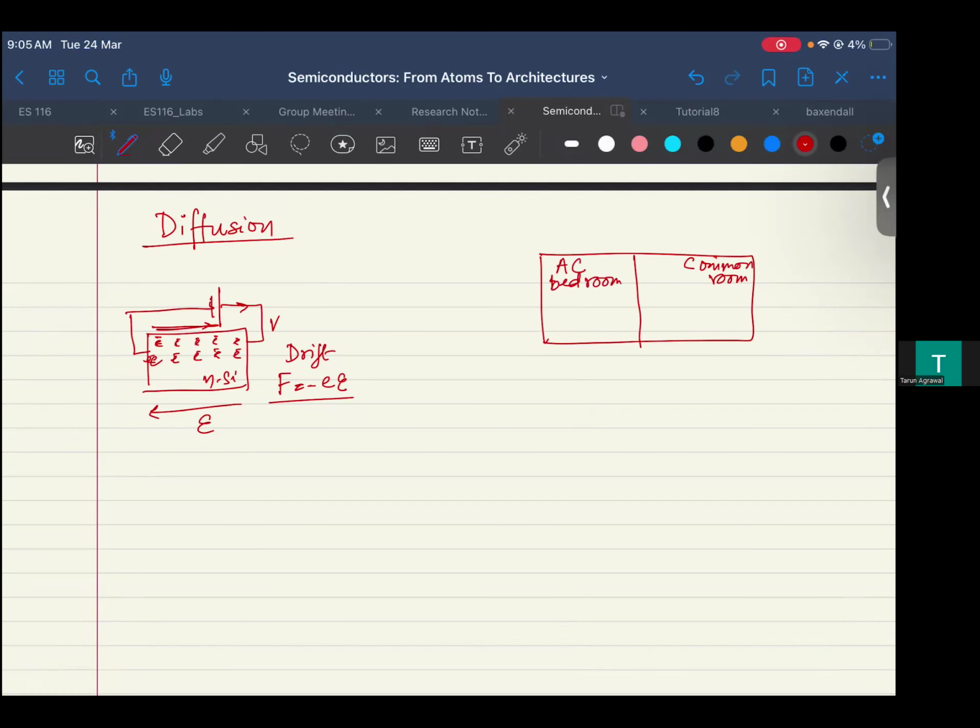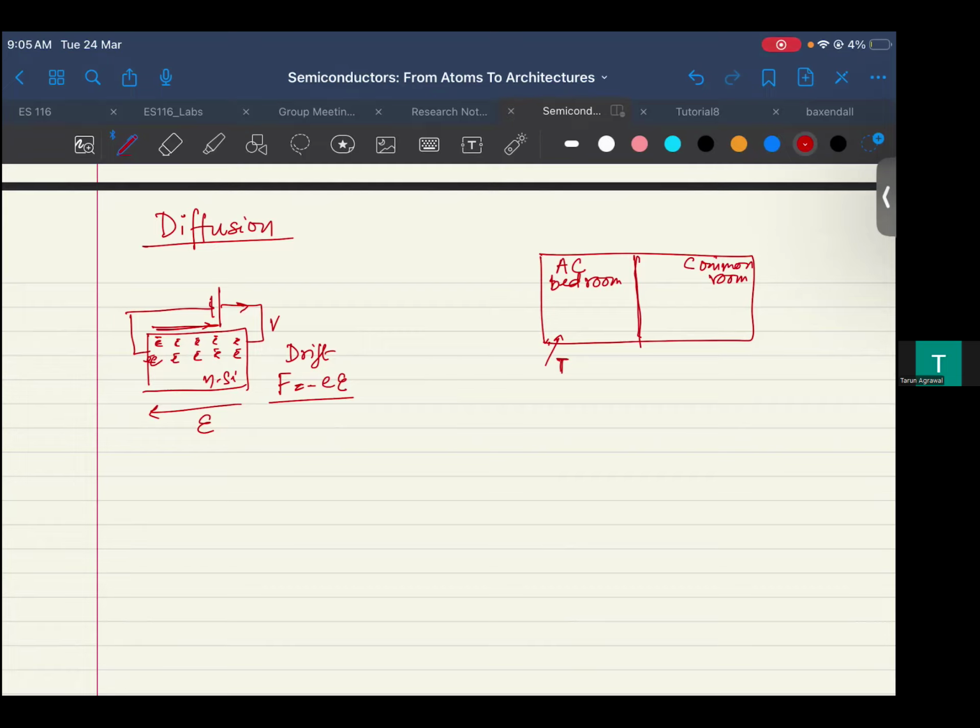So you have put the AC inside the bedroom, you have closed all the doors and windows, so that the temperature is regulated and you can reach a particular temperature in this room.